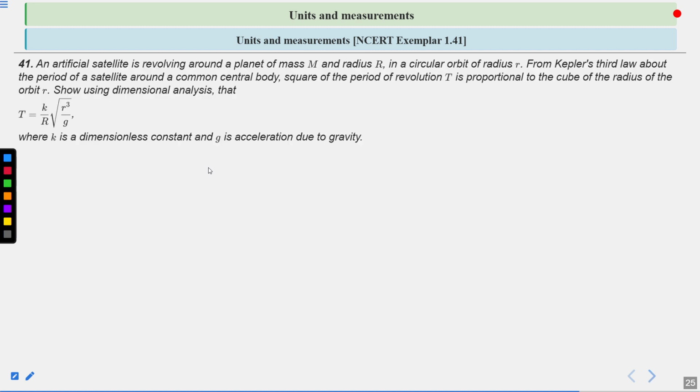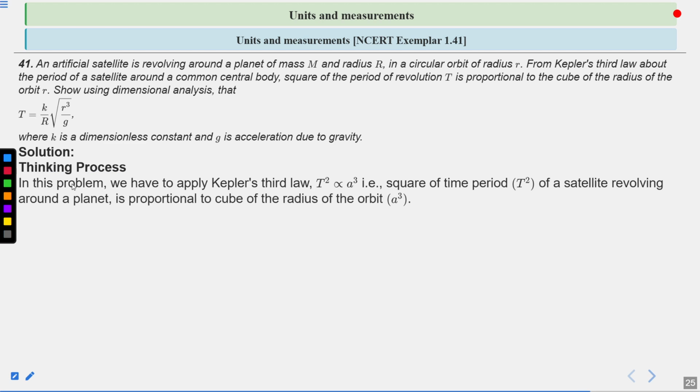So solution, thinking process. In this problem, we have to apply Kepler's third law. So here the question arises, what is Kepler's third law? Kepler's third law is T square is directly proportional to A cube. This is the mathematical expression of Kepler's third law.